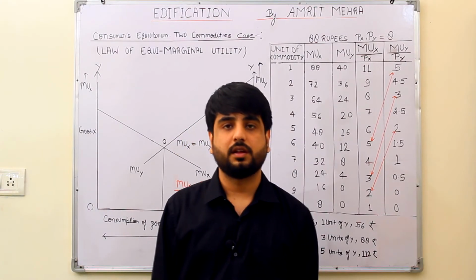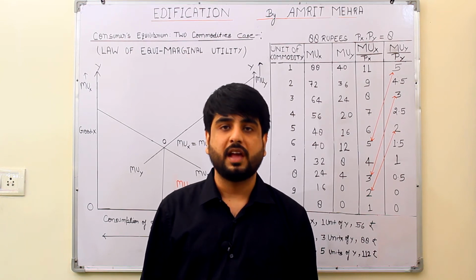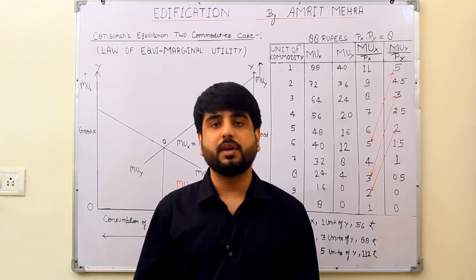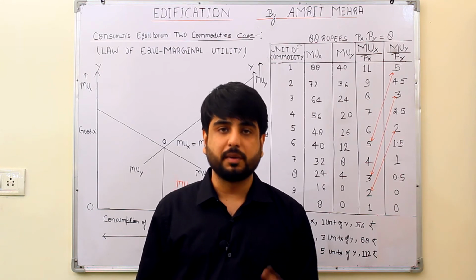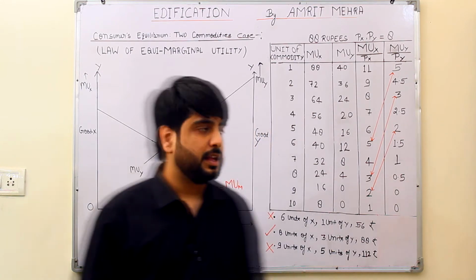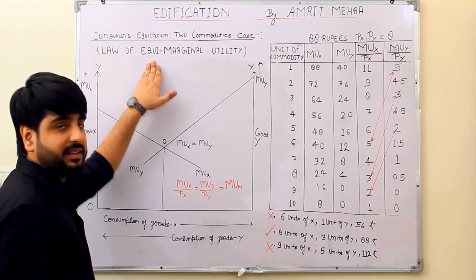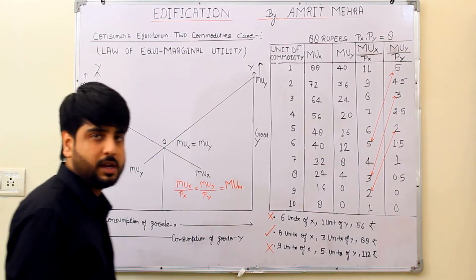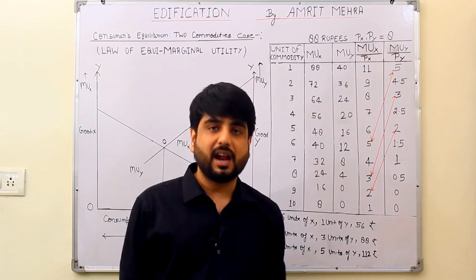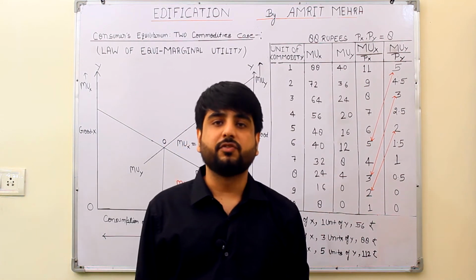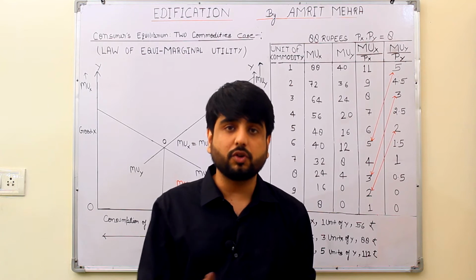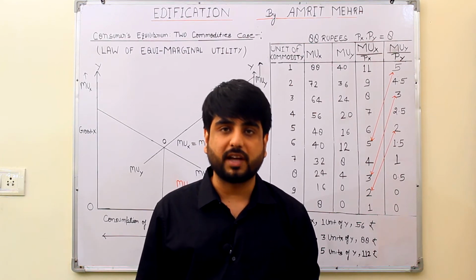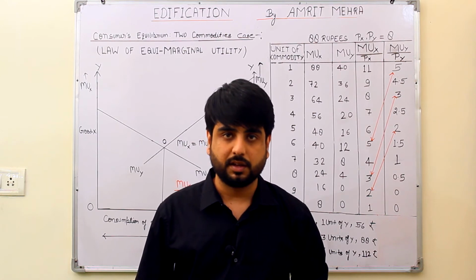After covering consumer equilibrium analysis for single commodity, we need to cover consumer equilibrium analysis for double commodity case. This case can also be named as law of equi-marginal utility. The law states that the last rupee that a consumer spends, whether on good X or good Y, gives him equal satisfaction or marginal utility.